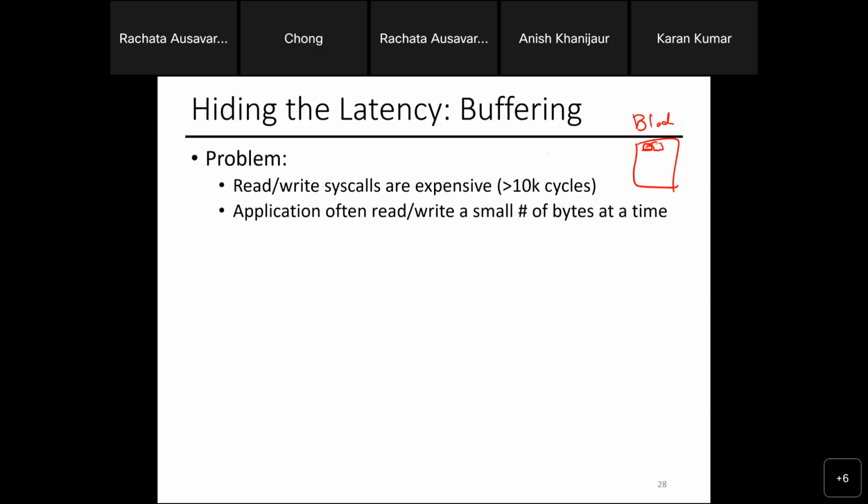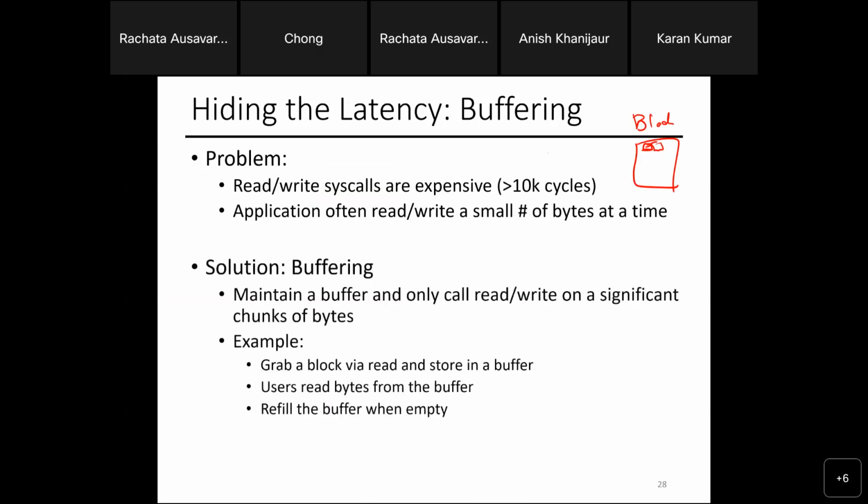I put that in a buffer inside DRAM, so that the next time I need to read the next part of my file, I don't have to issue another IO request to get that small chunk. We call this buffering. So you maintain a buffer which can be implemented in software.